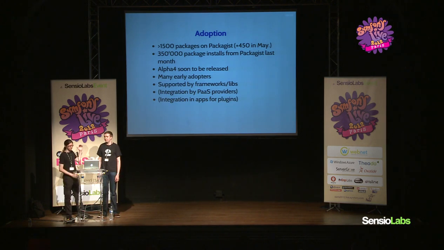So we can still increase this a lot, and we need your help for that. But it's already pretty cool. 1,500 is a lot, and I already saw a lot of things there that I never heard of before. In terms of installs, we had like 350,000 more or less in the last month, which is also quite huge, I think.